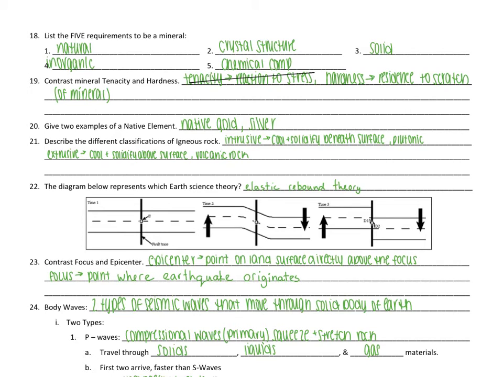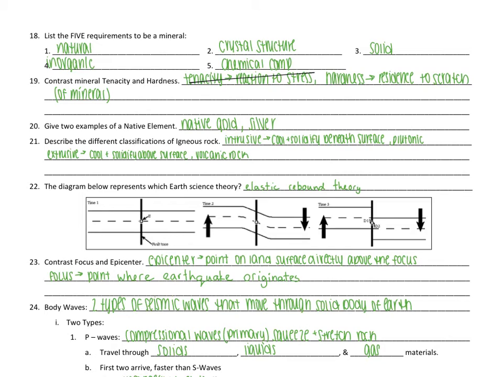Contrast focus and epicenter. The focus is the actual point within the Earth, the origin point for an earthquake where those P waves and S waves are going to originate. The epicenter is the point directly above the focus on Earth's surface. Remember that epi means surface, like your epidermis is the surface skin that you have.